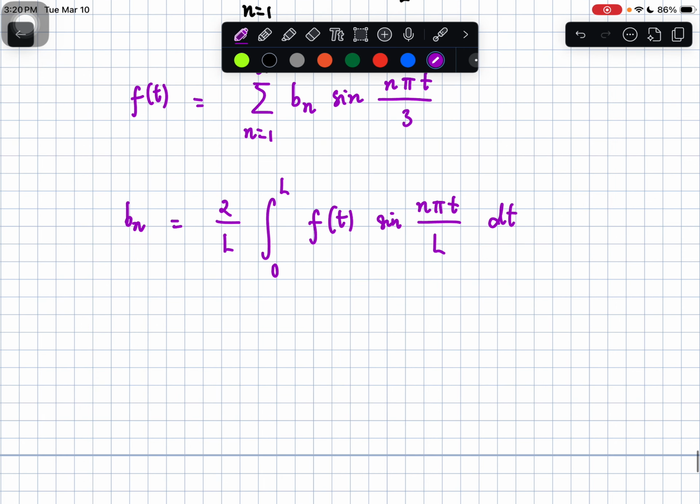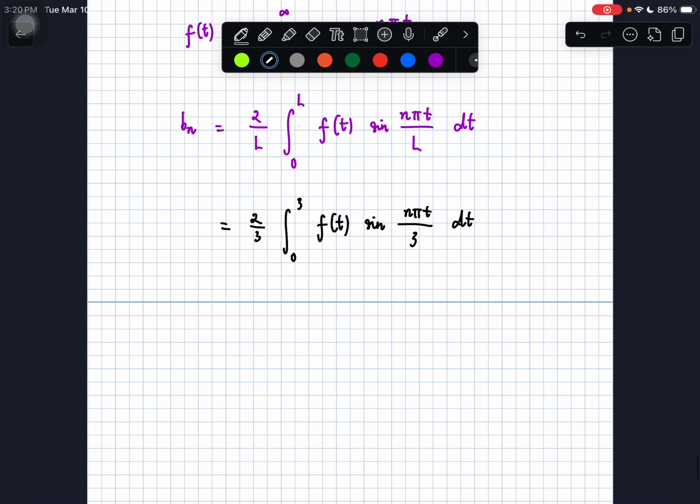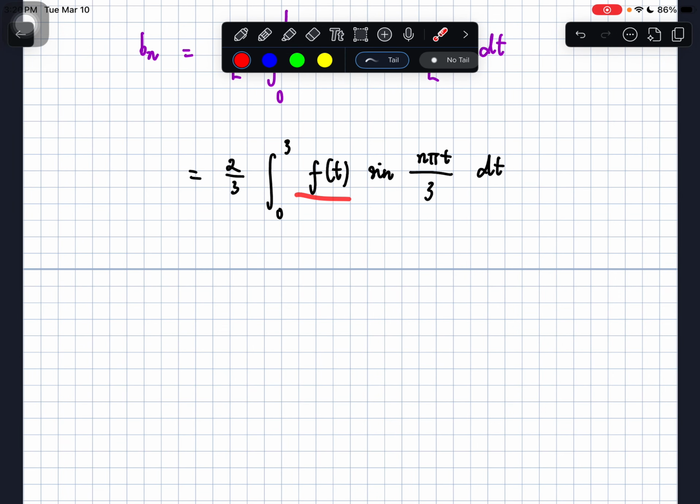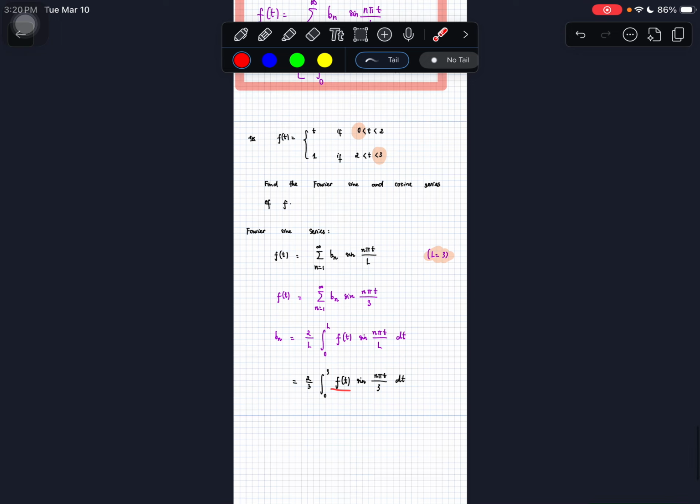In our case, 2 over 3, integral from 0 to 3, f(t) sine n pi t divided by 3 dt, because we have L equal to 3. You need to break this into two integrals because the function f we are given here is defined with two formulas.